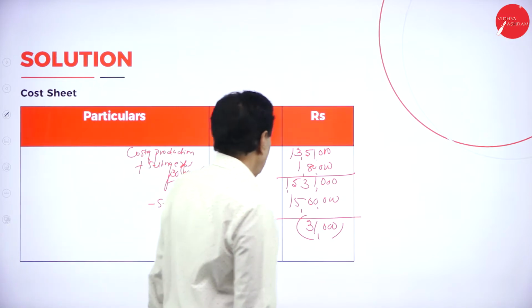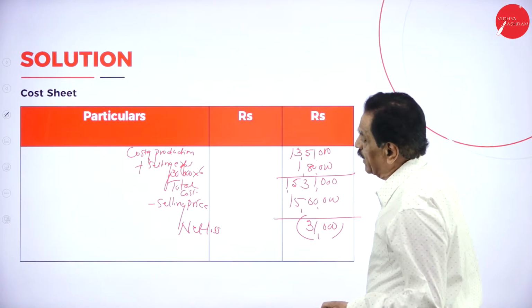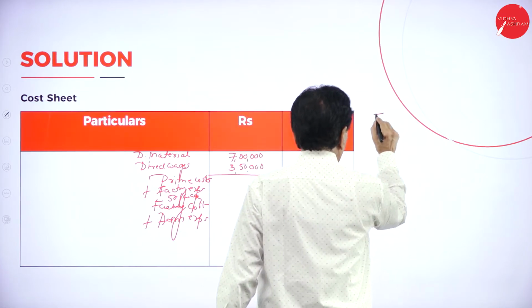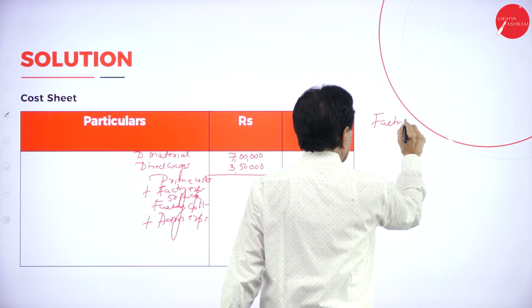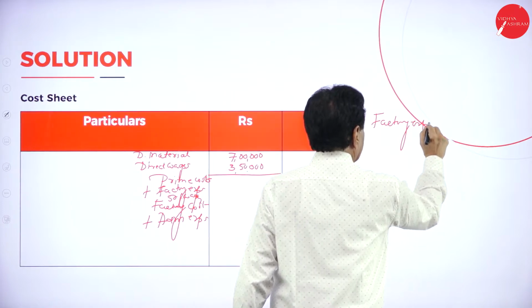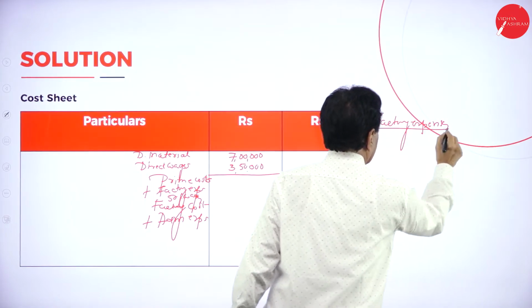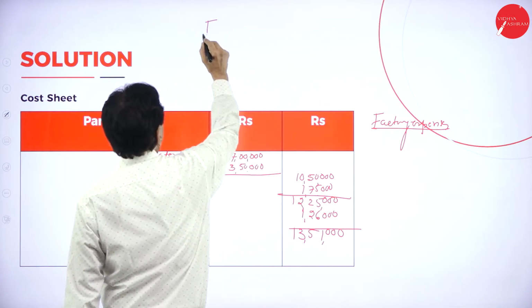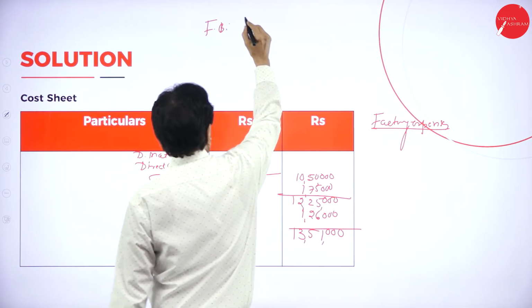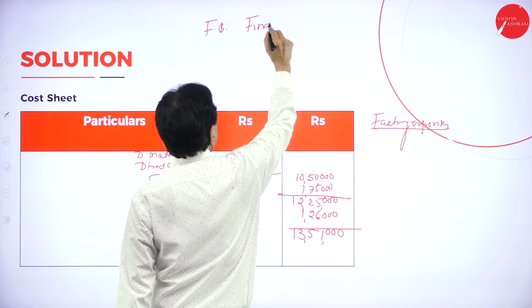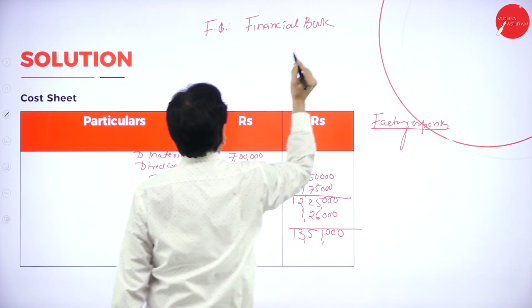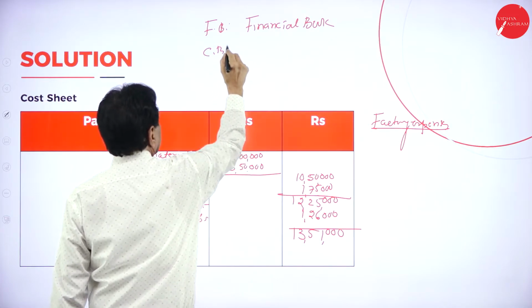Now, where the difference is, we have to calculate. We will go with the factory expenses. When you write FB, that is financial book. When you write CB, that is cost book.